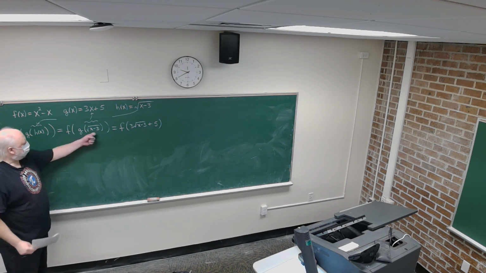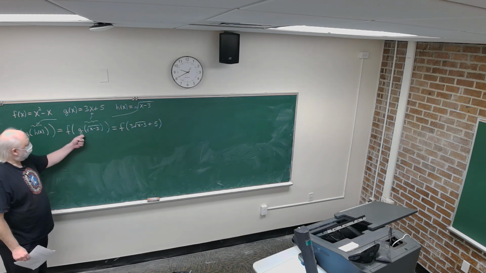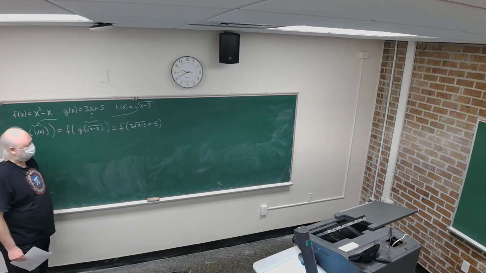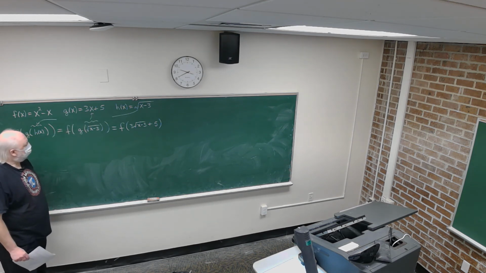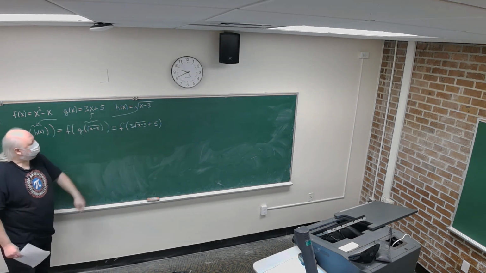So g of the square root of x minus 3 is the inner function to the function f. So to evaluate g of the square root of x minus 3, we just replace x up here with the square root of x minus 3. So g of the square root of x minus 3 is equal to 3 times the square root of x minus 3 plus 5.